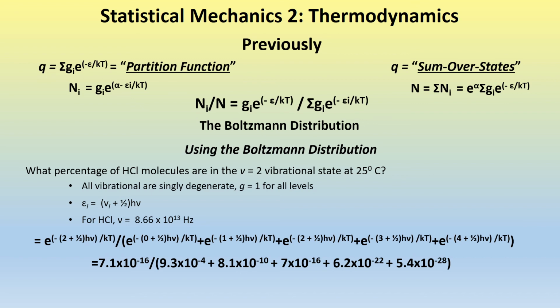What these numbers mean is that at 25 degrees C, 7 times 10 to the minus 11th percent of all molecules in a room will be in the v equals 2 state. Essentially, 100% of the molecules will be in the v equals 0 state, as had been previously stated.